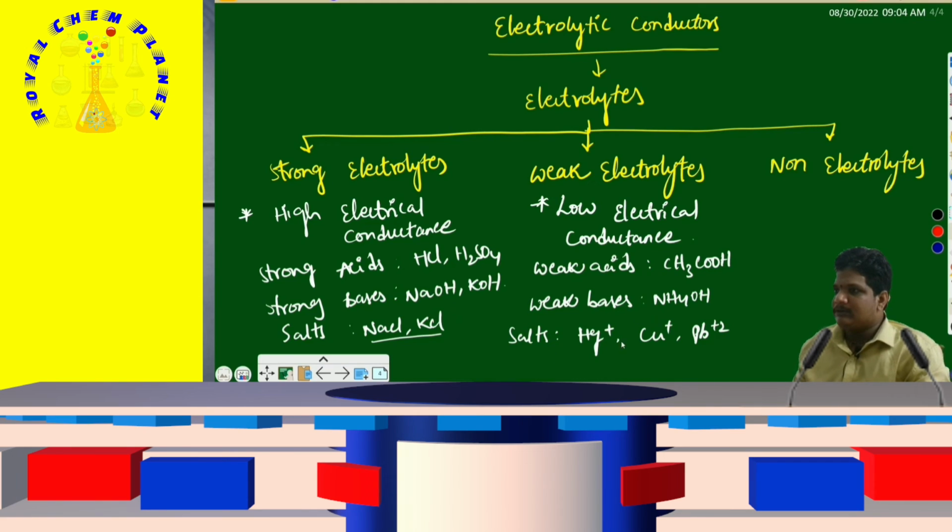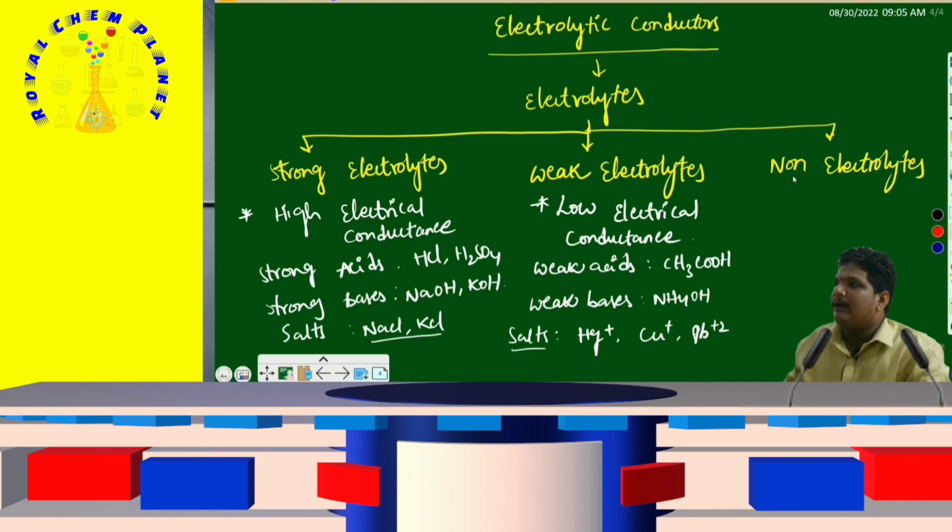Salts of these ions also produce low electrical conductance. Why do weak electrolytes produce low electrical conductance? Because they do not undergo 100% dissociation in aqueous media.